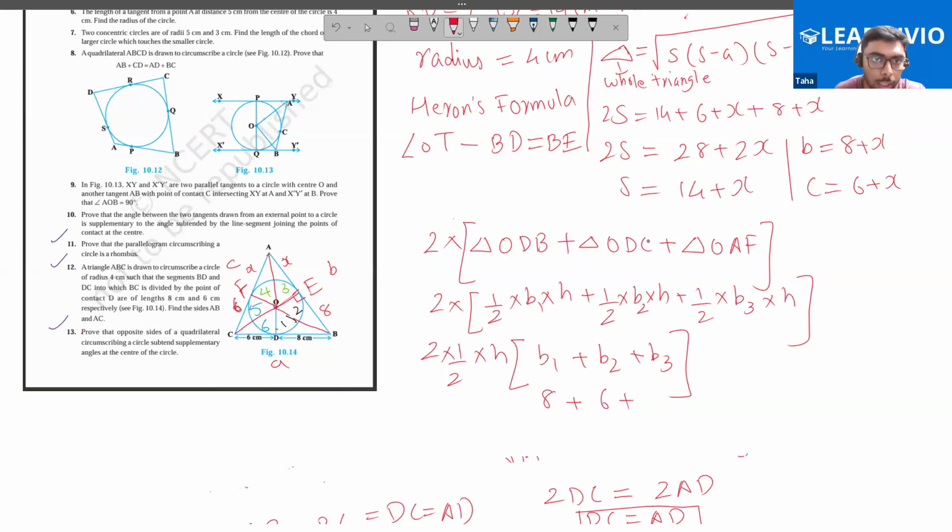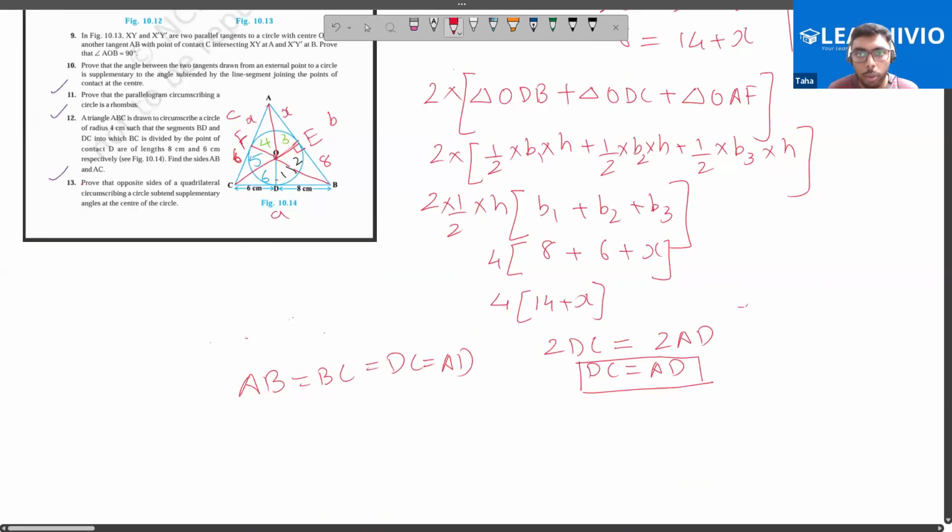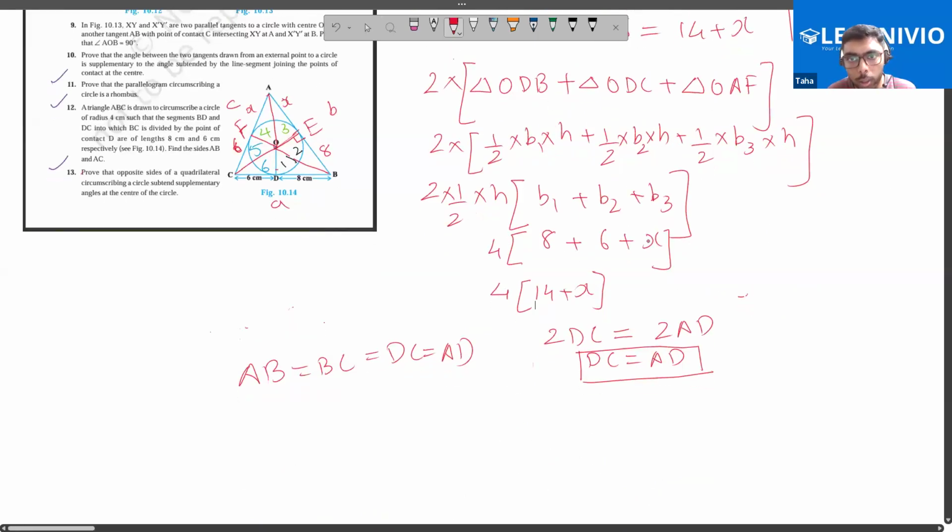The third base we can take as X, which was for OAF, right? And then we have H outside. H would be 4, right? Which is going to be 4 into 8 plus 6, 14 plus X, right? So what were we equating this whole thing to?